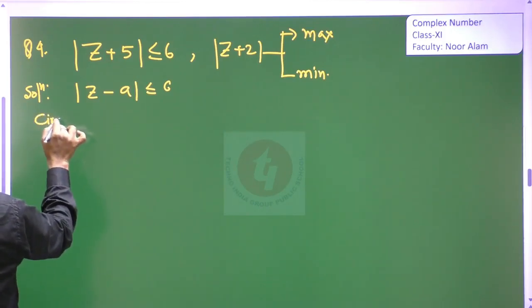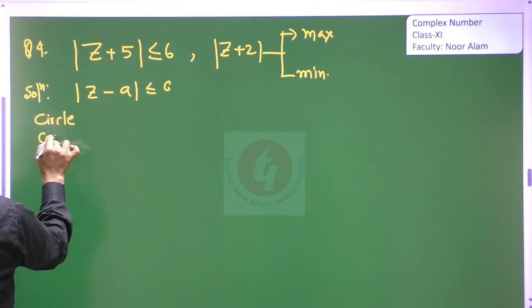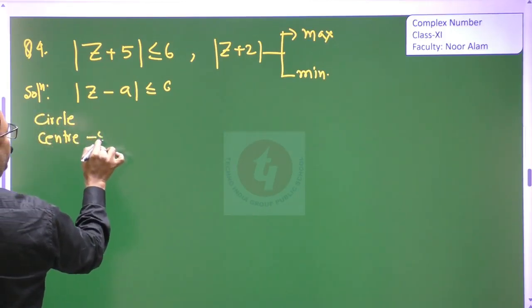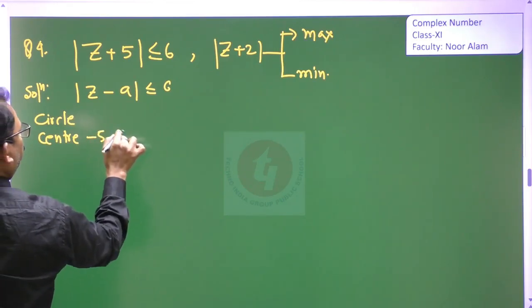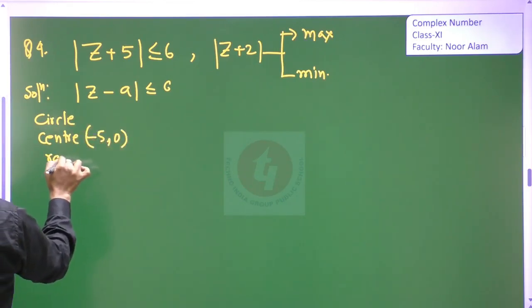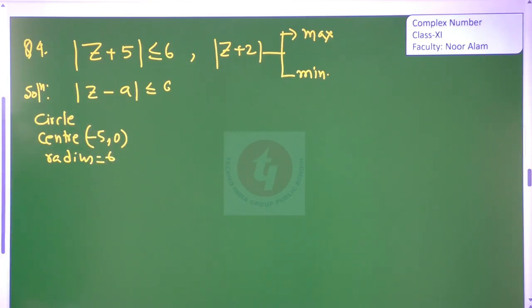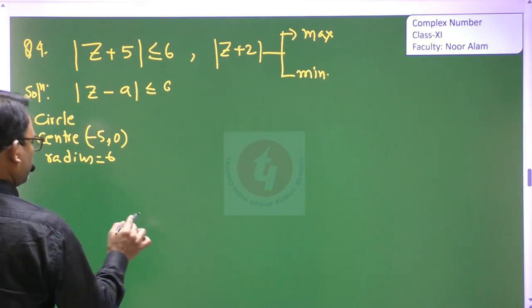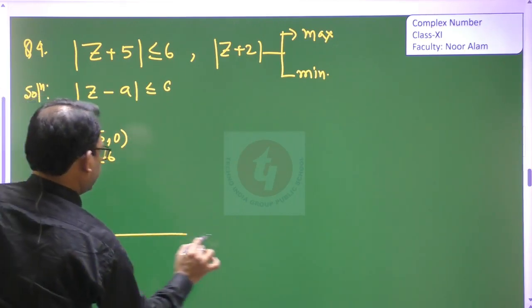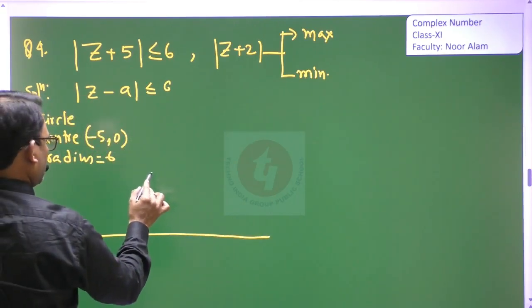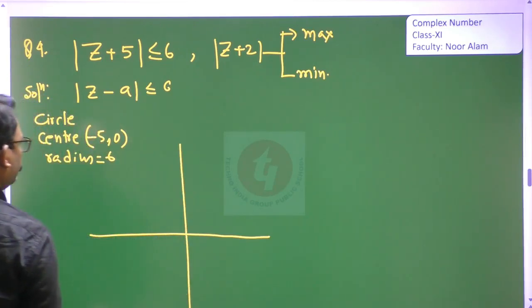So it indicates a circle with center minus 5, so x is minus 5 and obviously y is 0, and radius 6. Can we draw a circle with radius 6 and center minus 5, 0? Obviously we can. Now this is our x-axis and this is the y-axis.